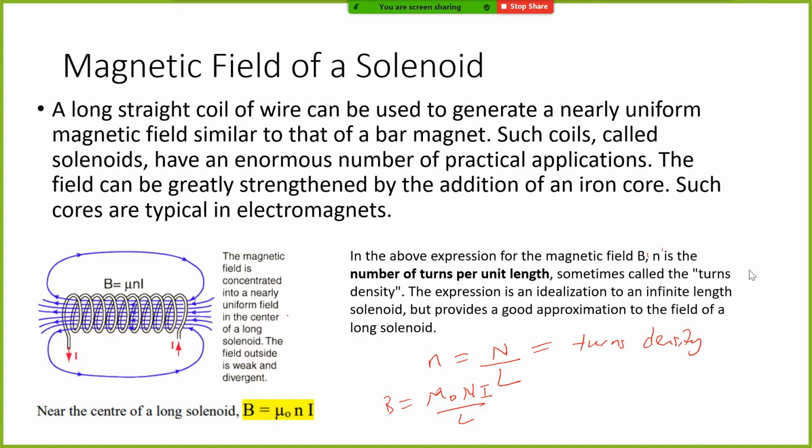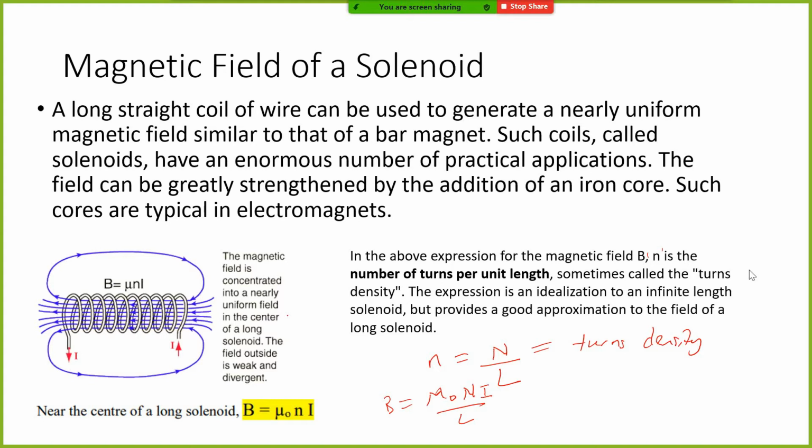So you would essentially use that information. As it pertains to small n, it is what we call the turn density, which is the number of turns per unit length. So if the question says calculate the flux density inside a solenoid with 220 turns per centimeter, that means that your small n is that value, because small n is equal to the turn density, which is the number of turns per unit length.